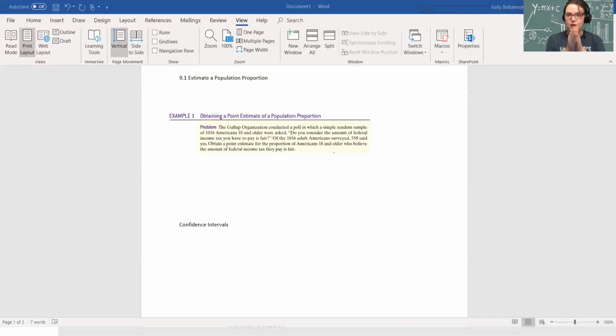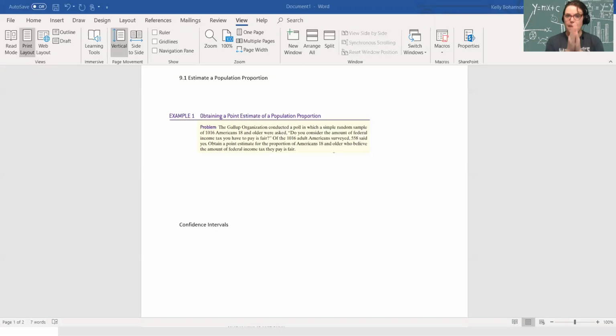And then I would go up 0.5% and down 0.5%, so that I could say that between 50 and 52% of all Americans think that they pay too much in taxes.